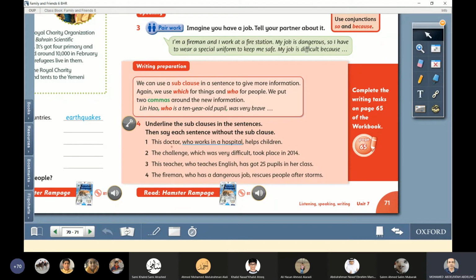This doctor helps children is a complete idea, but we can use a subordinating clause to add more information. This doctor, who works in a hospital, helps children. And don't forget to add a comma before and a comma after the subordinating clause. Like sentence number 1, you have to do the sentences 2, 3, and 4.